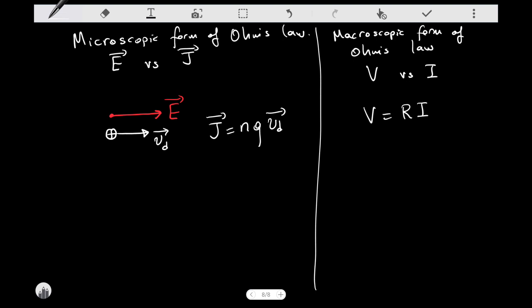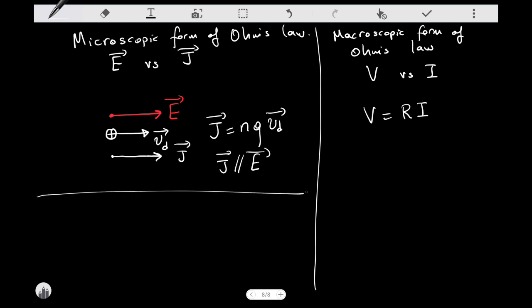You can easily see that for that special case, if I consider the effect of all possible charge carriers, the drift velocity would be towards right as well. As a result, the current density should be parallel to the electric field. Okay, so the current density is parallel to the electric field.